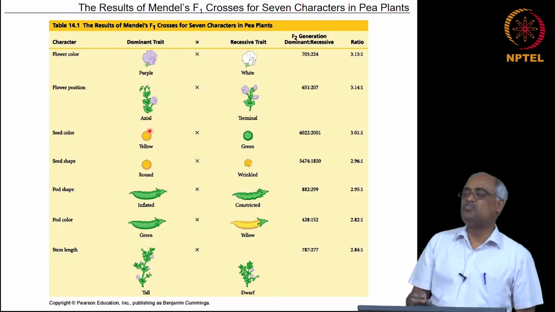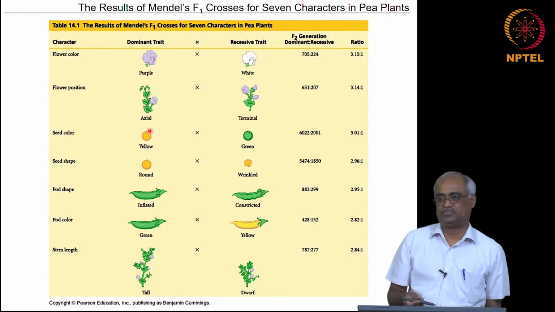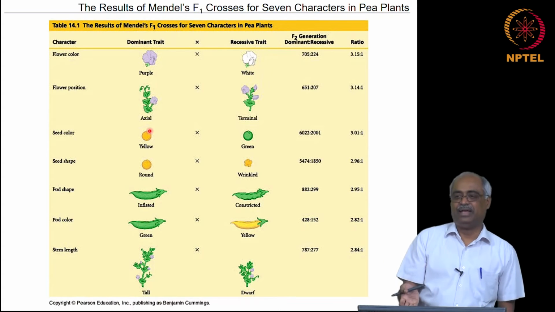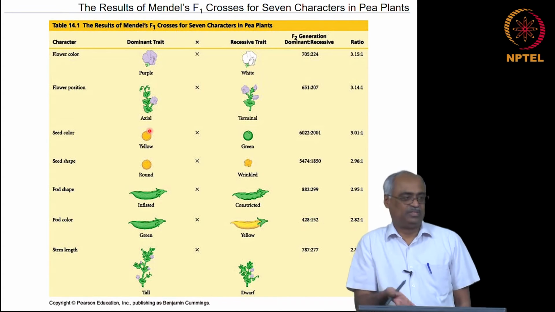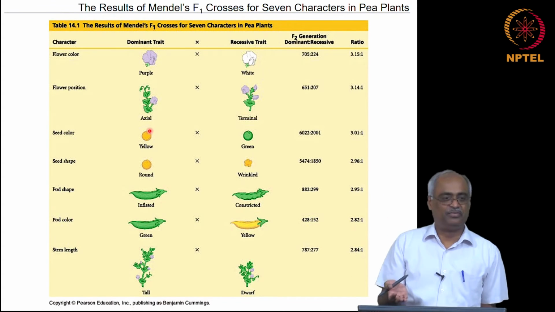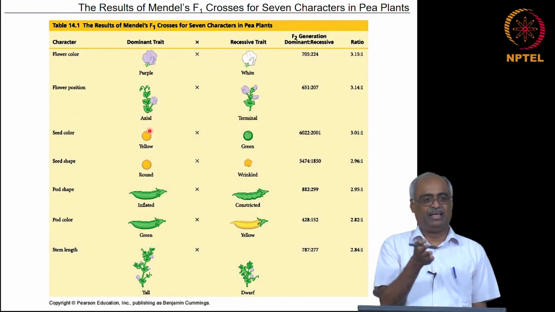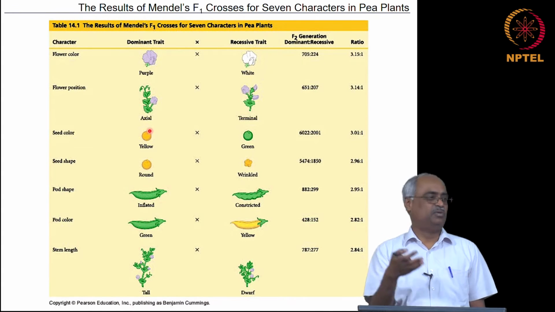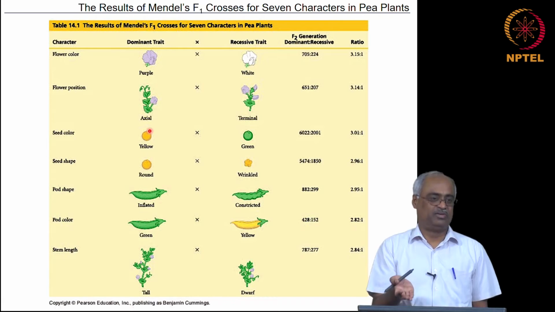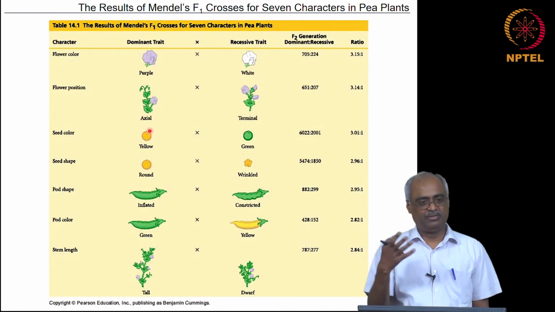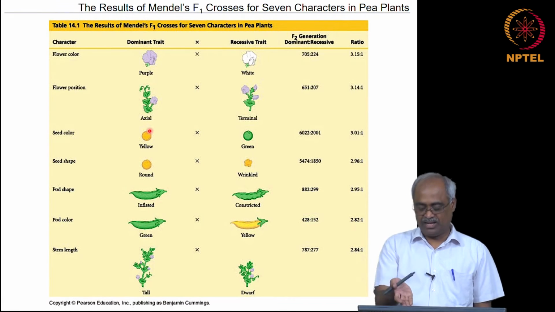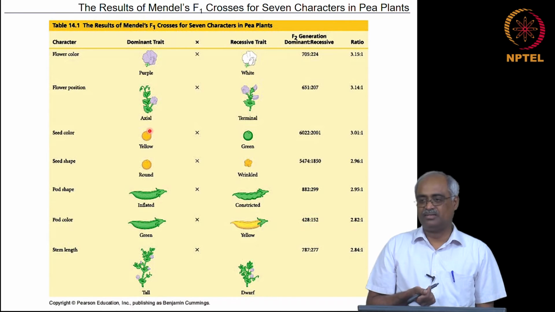Like that he took multiple phenotypes, okay, one phenotype at a time, and did mating with the opposite or contrasting phenotype on the same thing, like color or height or shape, where you had a distinguishable another feature, like purple one color, white another color. So he did multiple experiments. In all of them, this is the kind of numbers he got.